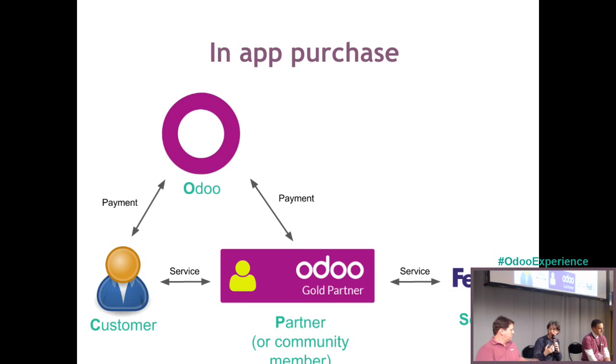It's just that partner for us means integrating partners. The slide there is misleading. It's not a gold partner, it's a community member or partner or system integrator or HR service company or accountant or whatever you want.